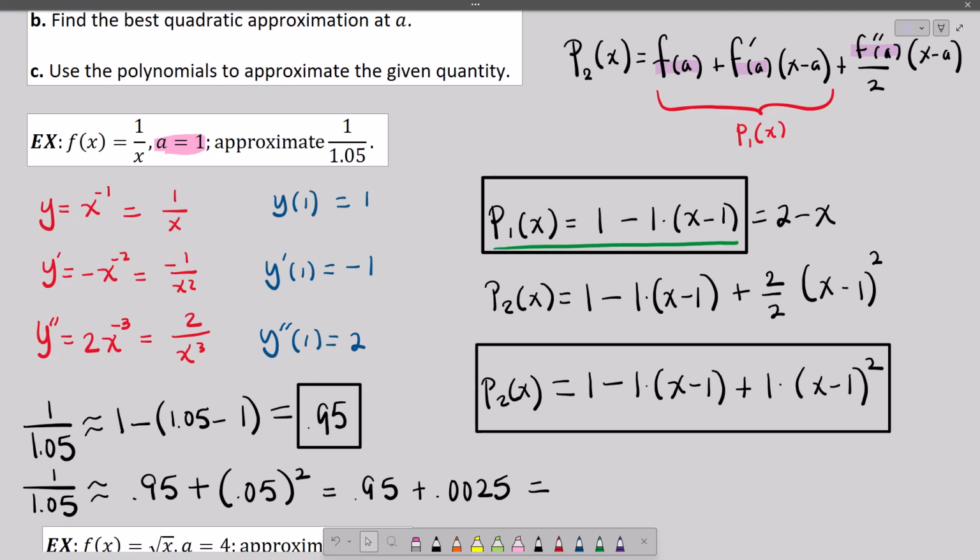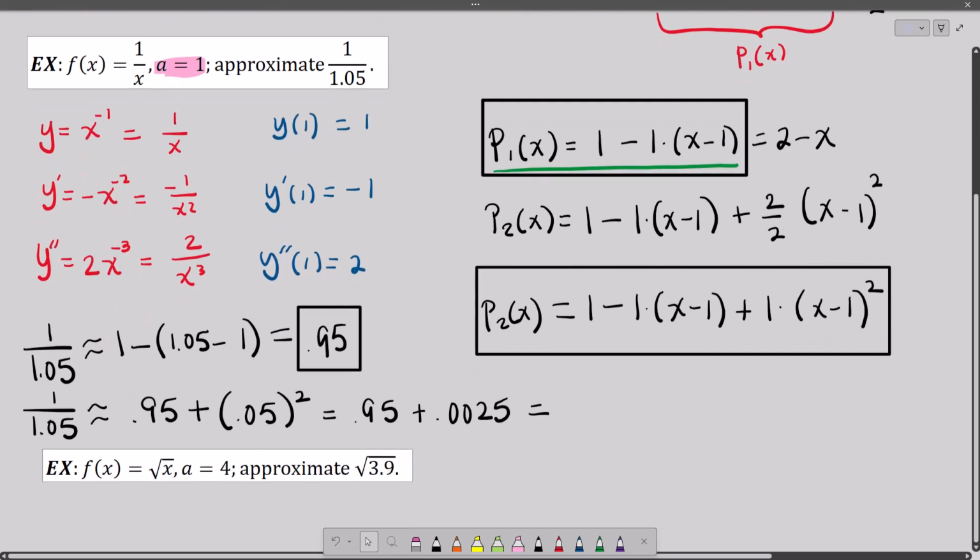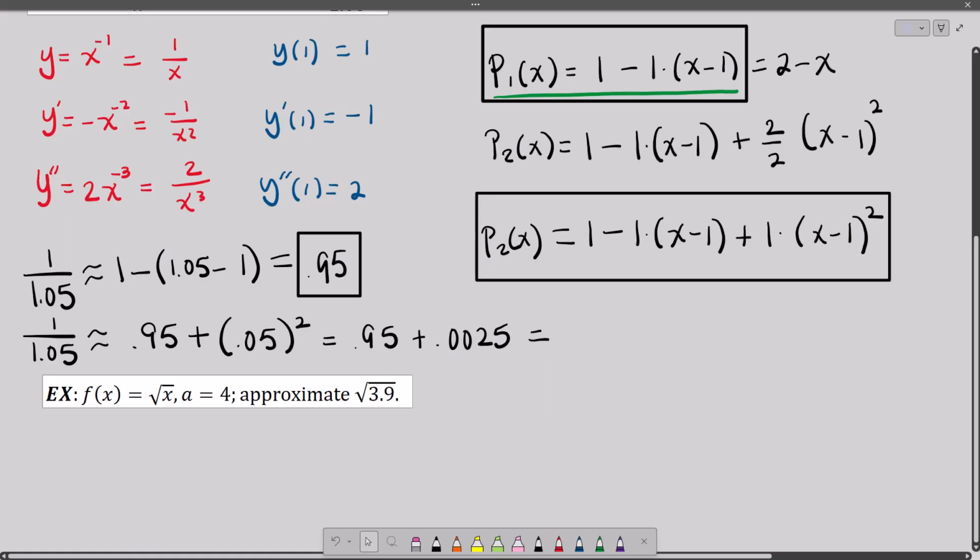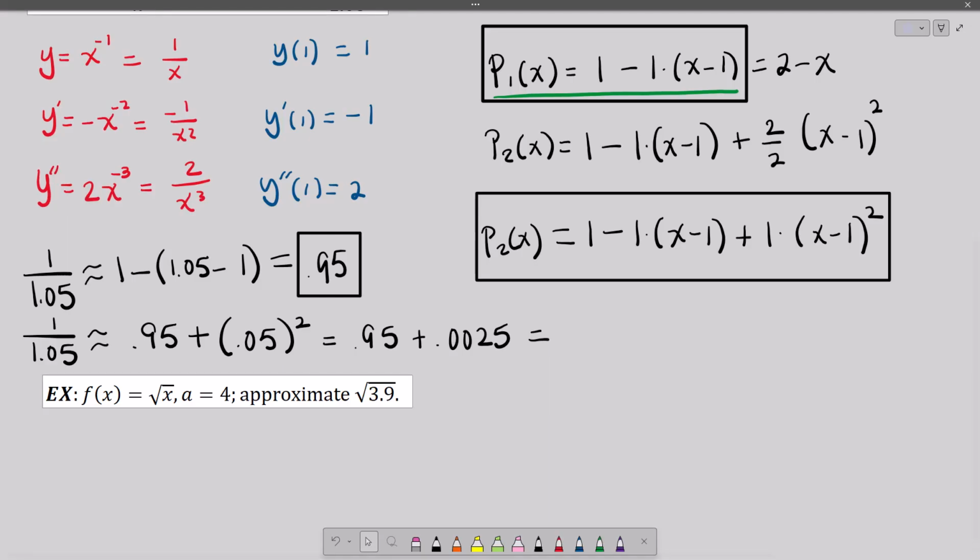Okay. So to get from 1 over x to 1 over 1.05, we replace the x with 1.05. So that's why we're going to replace all the x's with 1.05. And then down here, when we do this subtraction, you end up with 0.05. And then 1 minus 0.05 is 0.95. River, are you following?